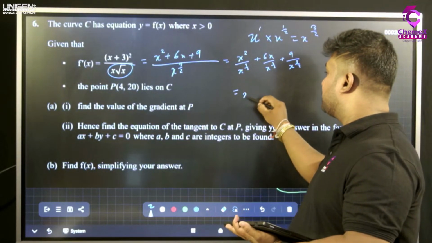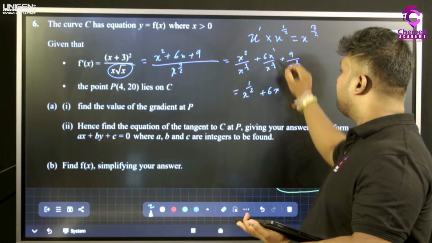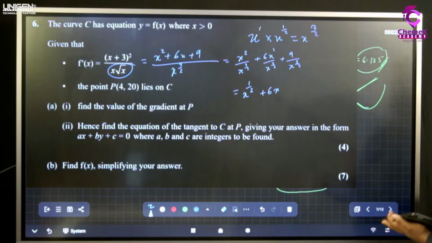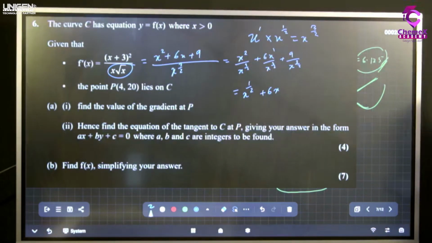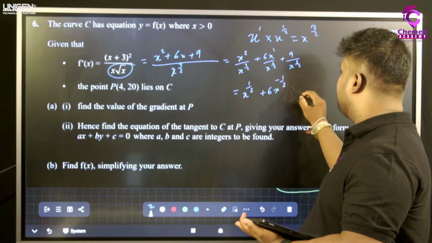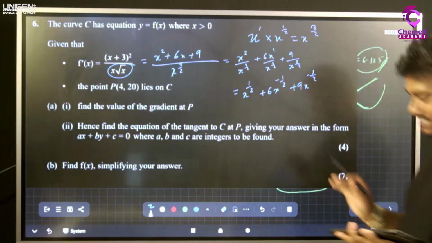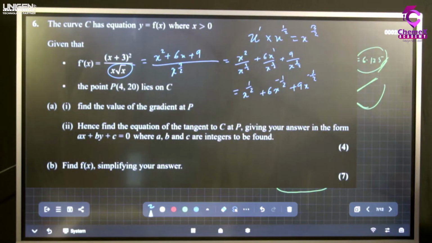Half, right? x to the power half plus 6x to the power 1 minus 1.5, which is minus half, plus 9x to the power minus 3 over 2. Still I didn't integrate. This is just the linearized format.